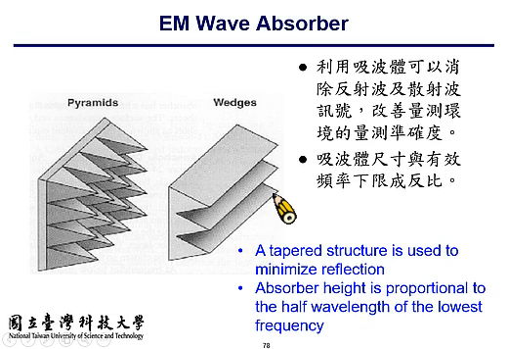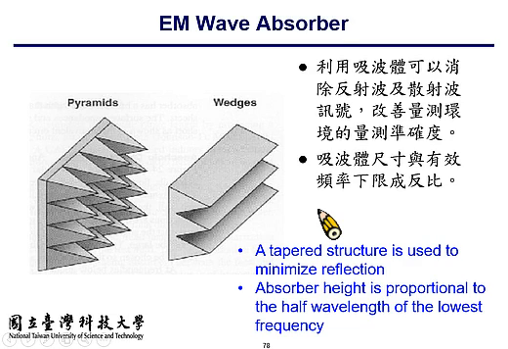The shape of the pyramid of the absorber provides a spatial transition in terms of the effective impedance. Therefore, the absorber height is proportional to the lowest effective frequency.